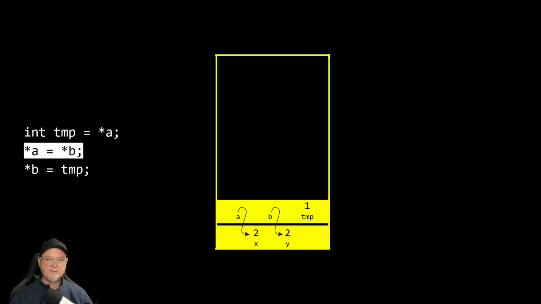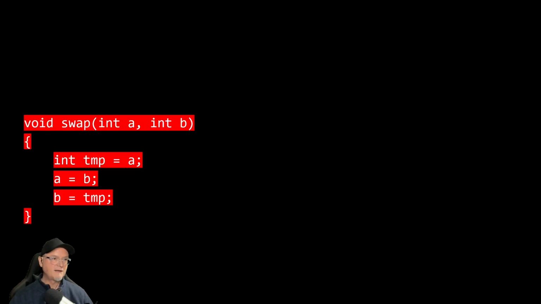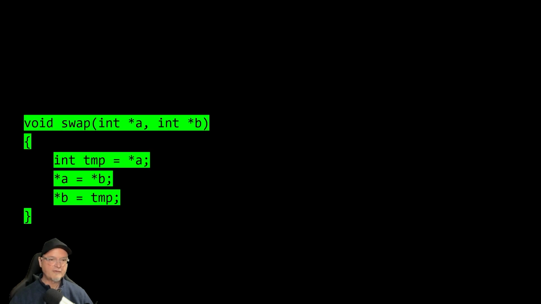The address of A, the pointer of A, gets set to the pointer of B, and you can see how that affects the values. And then finally, the pointer for B is changed to the value of temp. So it's fundamentally different. We fix this program, we fix the problem of scope by dereferencing our call.